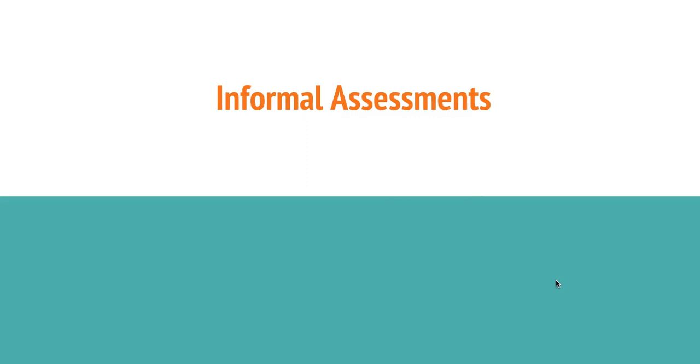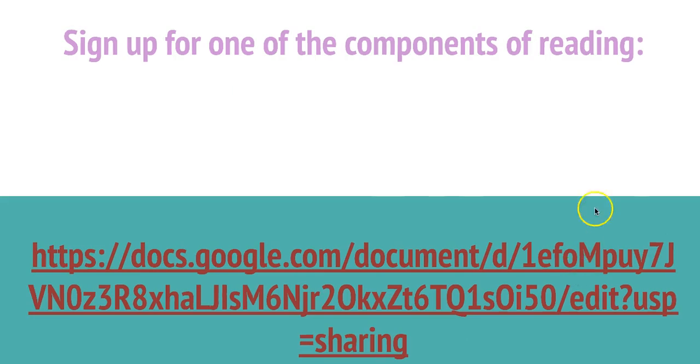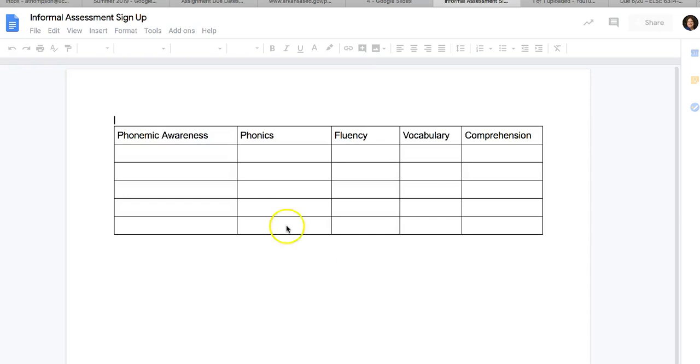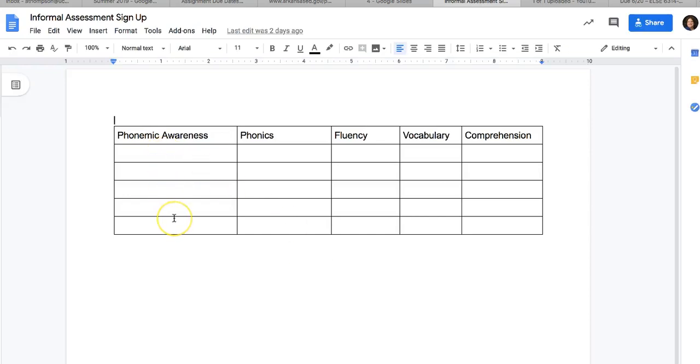And so I have opened this up as an assignment so that we can have the opportunity to share some ideas with each other. So you will want to go to this Google Doc and sign up for the component of reading that you want. There are only 5 slots under each component of reading.